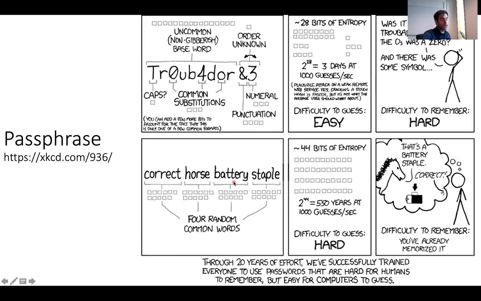So what many security researchers advocate instead is to use passphrases, where you pick a number of words which are easier to remember because they carry a meaning. And if you pick these words at random, then you can create a password which is stronger than what you would do like this, but is easier to remember.